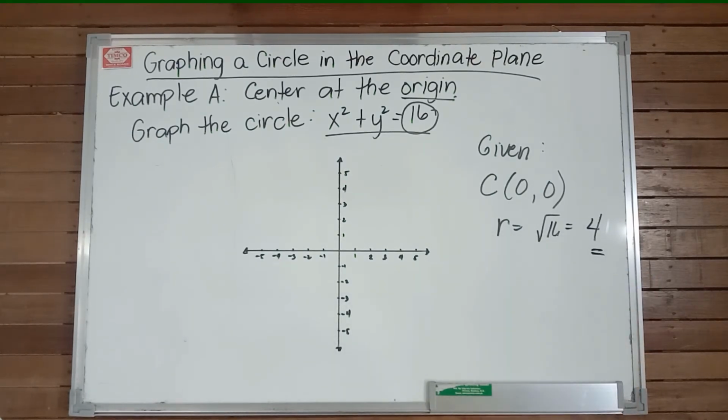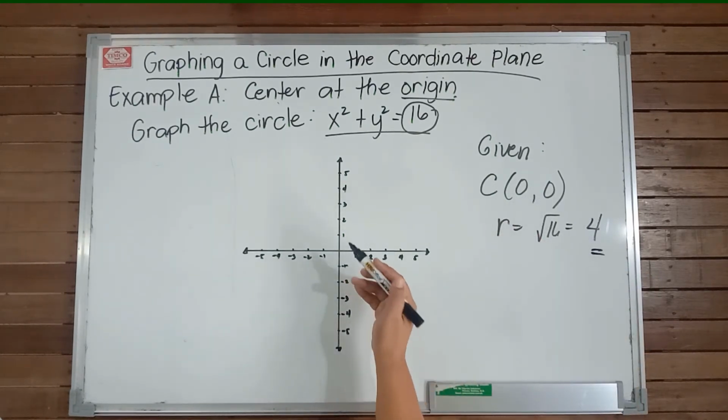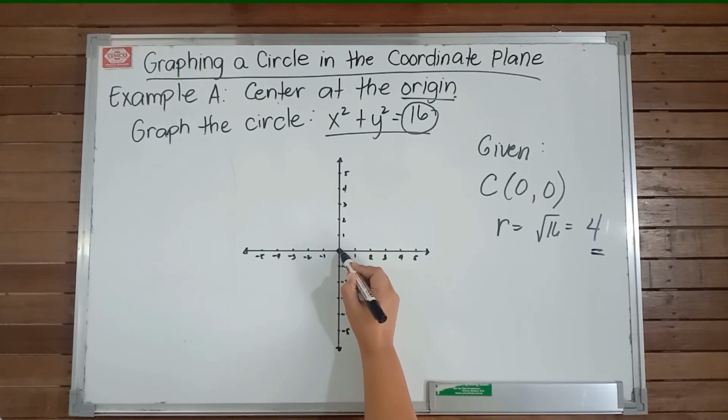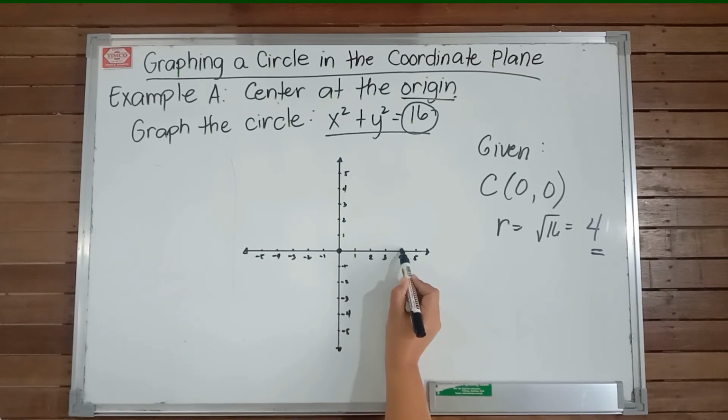Yun yung r natin. So, from the center, magbibilang tayo ng 4 na unit papunta sa right, papunta sa left, papunta sa taas, at papunta sa baba para ma-drawing natin yung circle. So, in this case, gumamit ako ng compass para perfect yung ating circle.